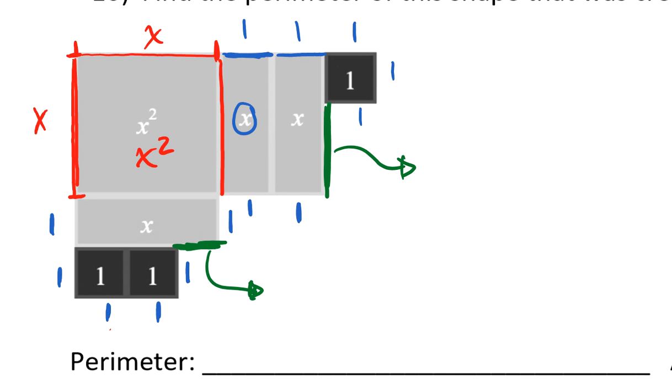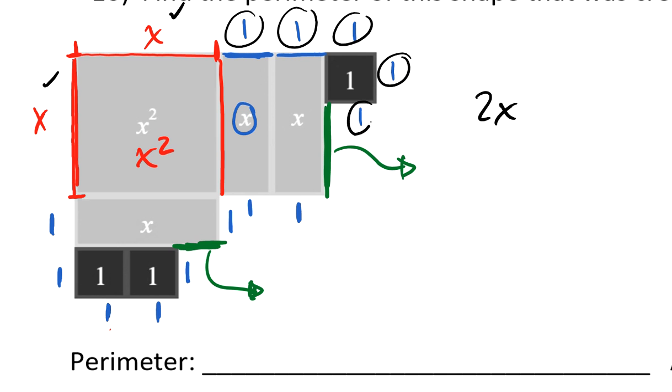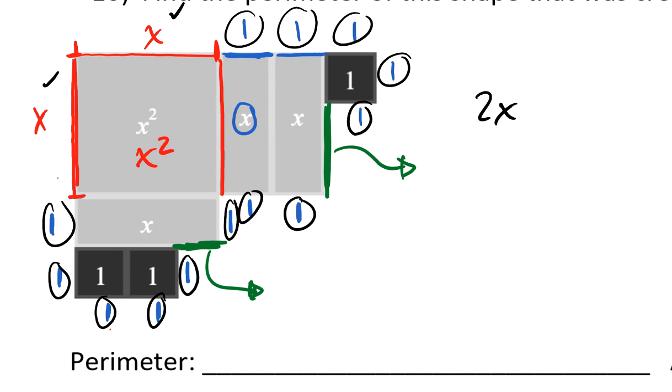Well, I've got two x's so far, and then how many units? 1, 2, 3, 4, 5, 6, 7, 8, 9, 10, 11, 12. There are 13 of them. So I've got 2x plus the number 13.